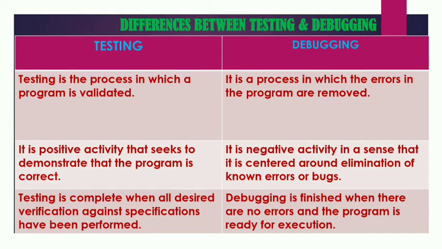Whatever mistakes were there, why the output was not coming, after those things are corrected and verified, then the test is completed and you will get the correct output. Whereas debugging is finished when there are no errors and the program is ready for execution. So these are the differences between testing and debugging.